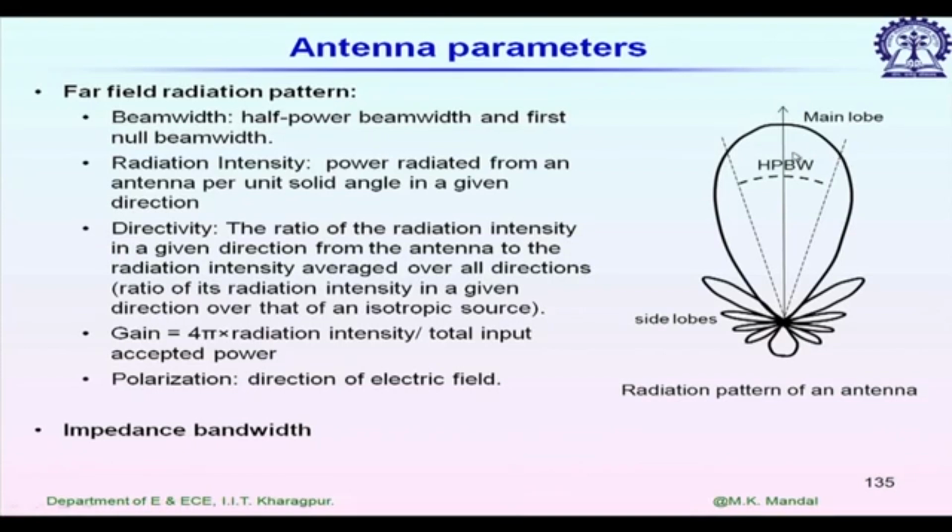It is an important parameter for scanning purposes, because it defines the resolution of the antenna: when two objects are separated and we want to see them as two different objects, the separation should be more than the half power beam width of the antenna.